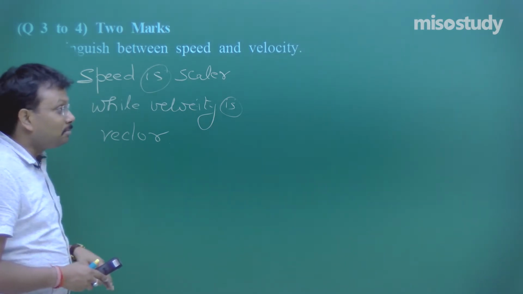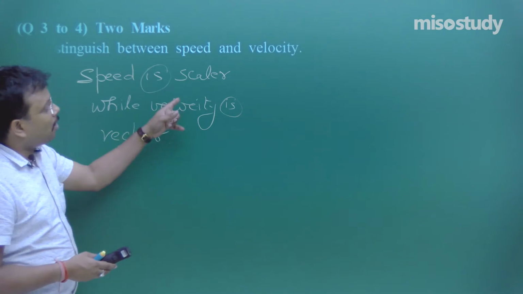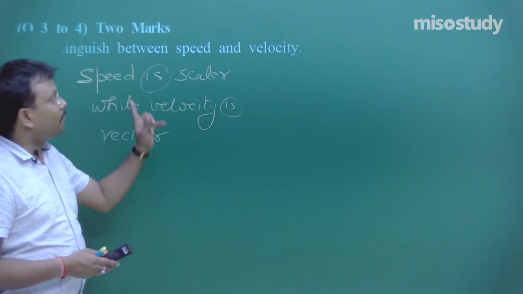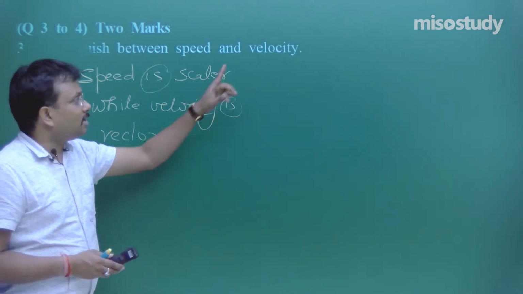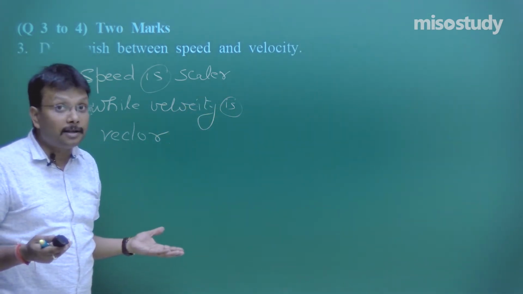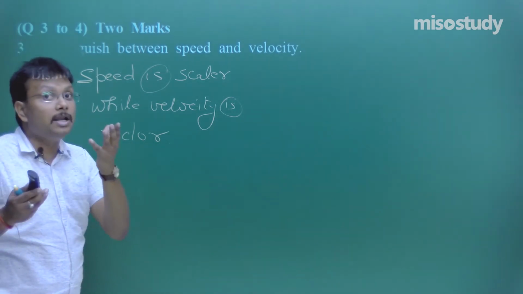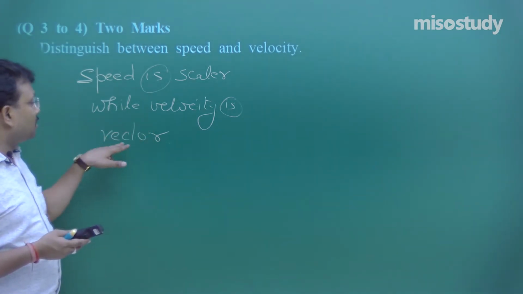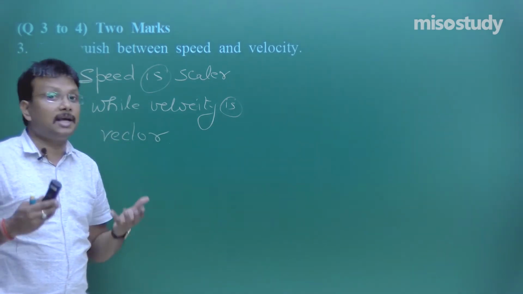But if you are intentionally trying to waste your time, then what will you do? For velocity direction is required, for speed direction is not required. Speed cannot be negative, velocity can be negative. There is no point in writing this. The moment you said speed is scalar, it means without direction, only magnitude. Velocity is vector, understood, it has direction.